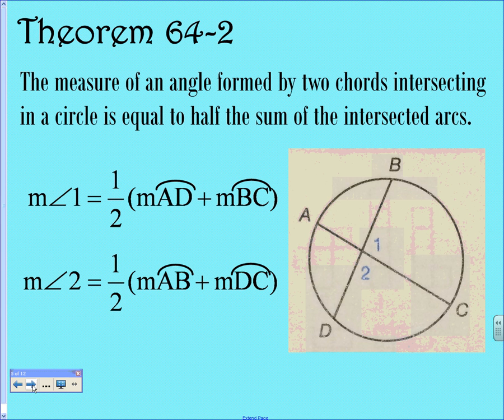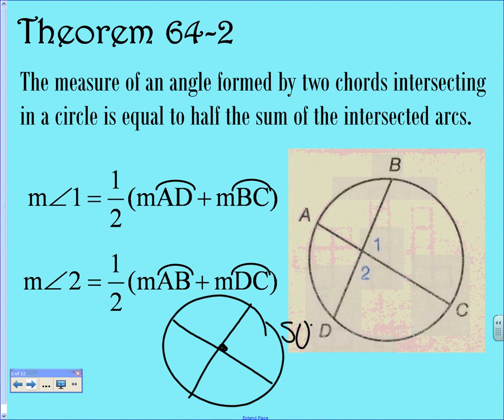I'm going to draw another little picture real quick. This is the center. If this arc is 50, what is this angle? What is it? This angle? 50. Because it's in the center.